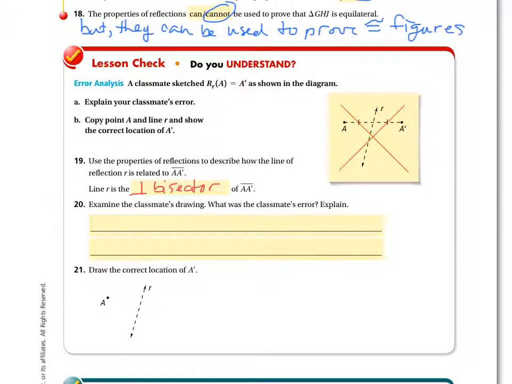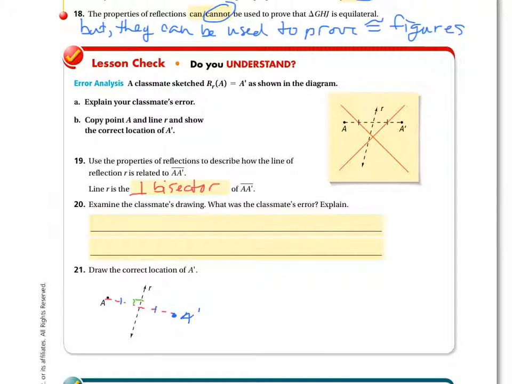And so down here, we want to draw a perpendicular. So we want to draw something that is perpendicular to the line of reflection, and also equal distances. So it's not enough to be an equal distance.